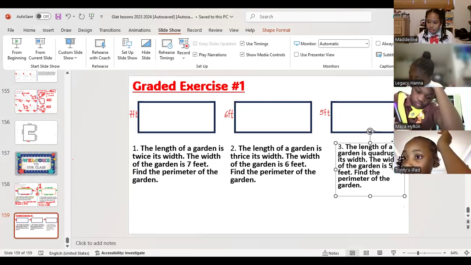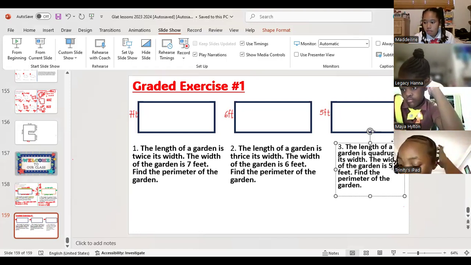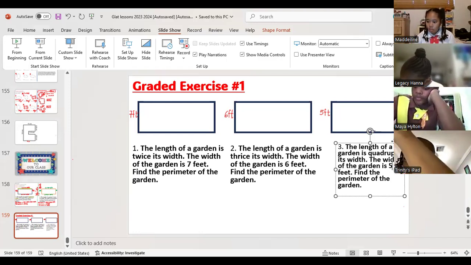Excuse me, Mr. Petit. Mm-hmm. I'm finished. Okay, take a picture of your work and send it to me via WhatsApp. Okay, can I go get my phone, please? Mm-hmm.